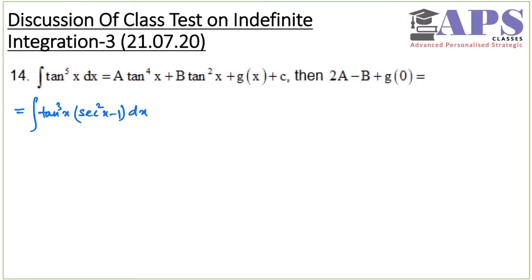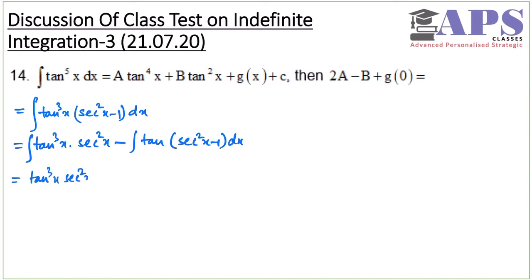So this is giving us tan cube x into sec square x minus tan cube x. tan cube x is again tan x into tan square x, which is again sec square x minus 1 dx. So basically I am getting integration tan cube x sec square x dx, this is one of them, and minus integration tan x sec square x dx, and then plus integration tan x dx.